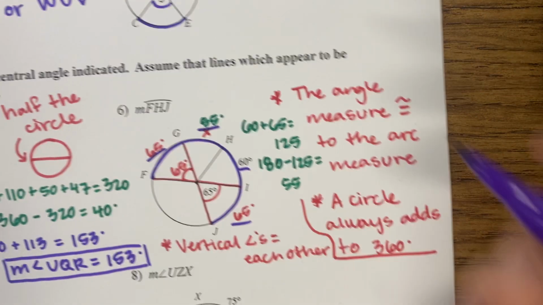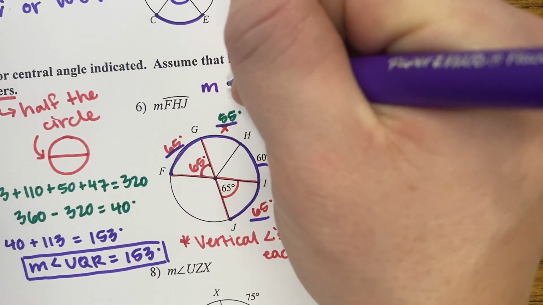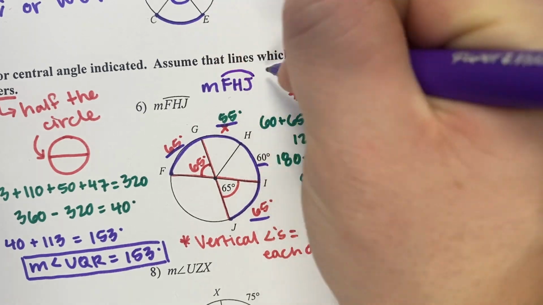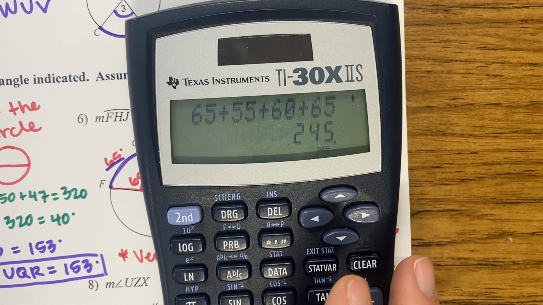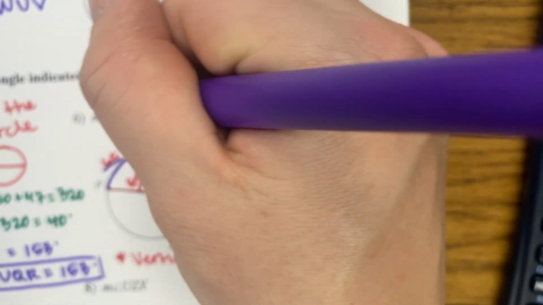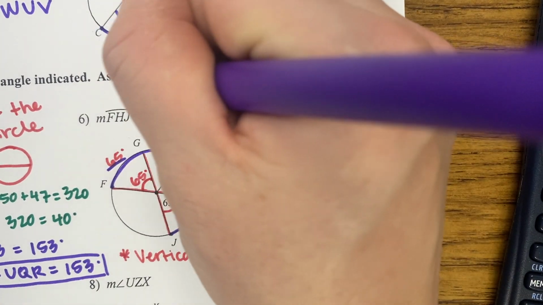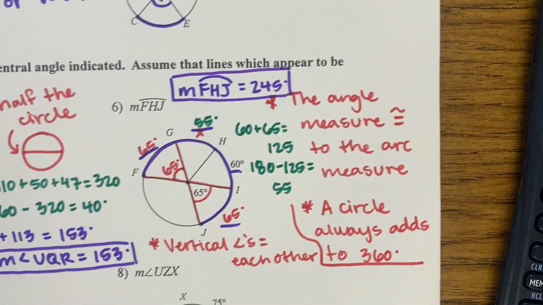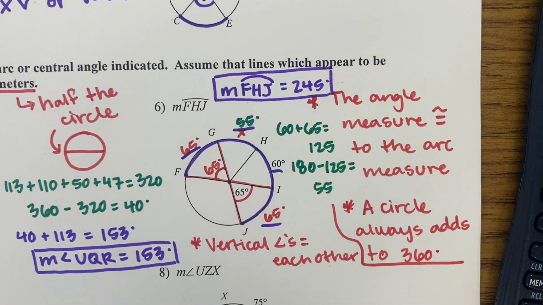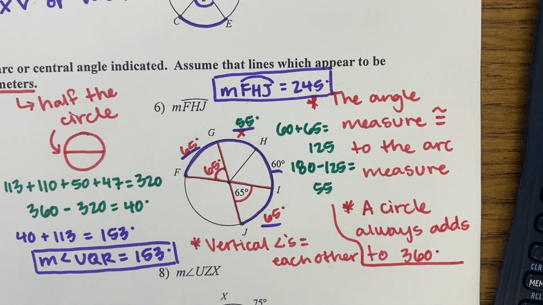And I know that the measure of that entire arc, so arc FHJ, is equal to 245 degrees. I know I didn't have a ton of room to write all that out. That's okay. Okay, so that's the answer for number 6. Okay, the measure of arc FHJ, 245 degrees.